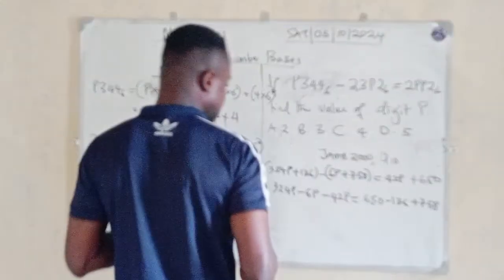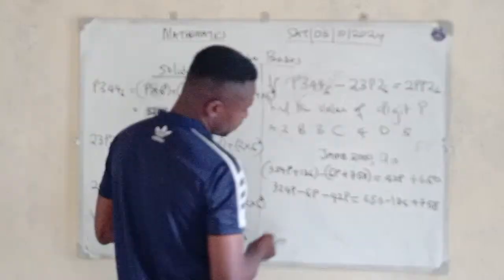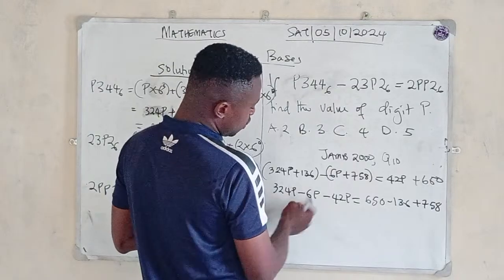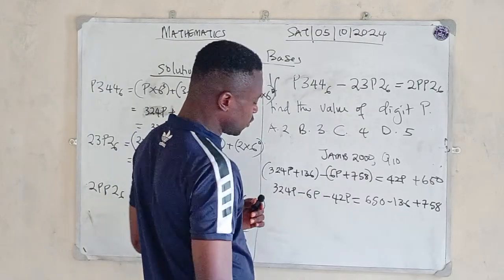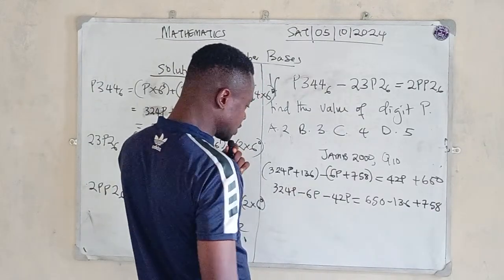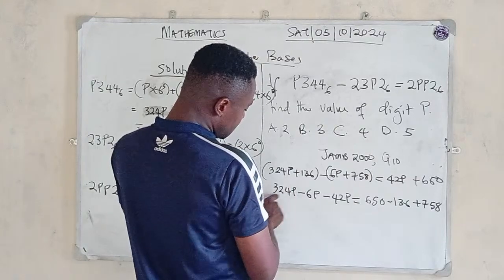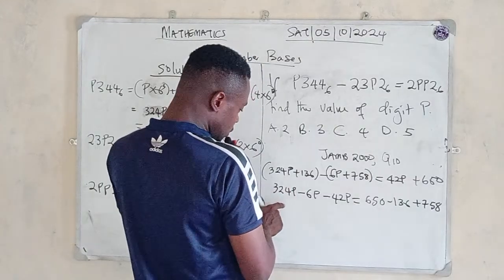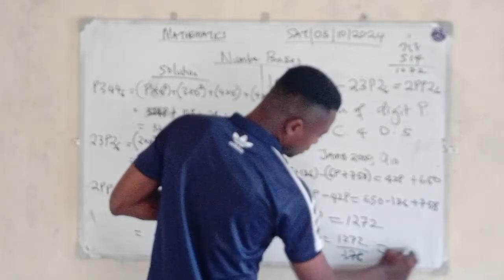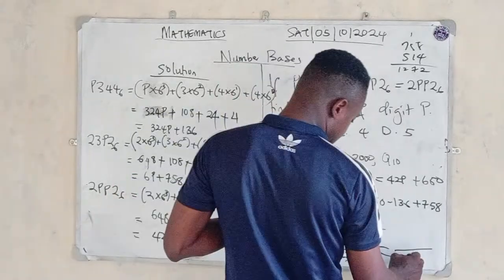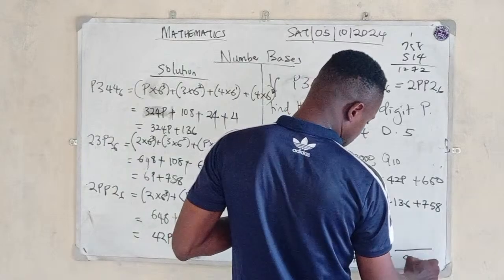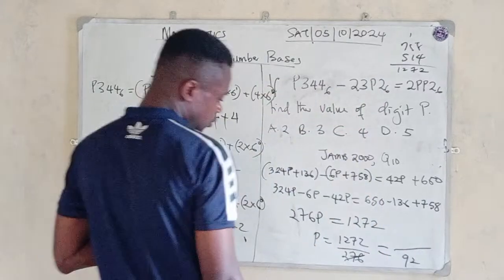So let us now subtract. 324 minus 6 minus 42 is minus 48p. But let's do it step by step. Let's subtract this one first. 324, we have 92. Or 3 divided into 7, 9.